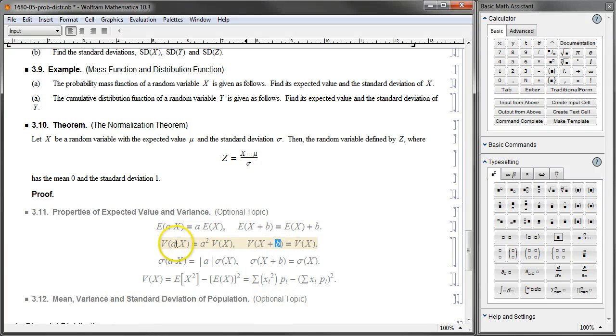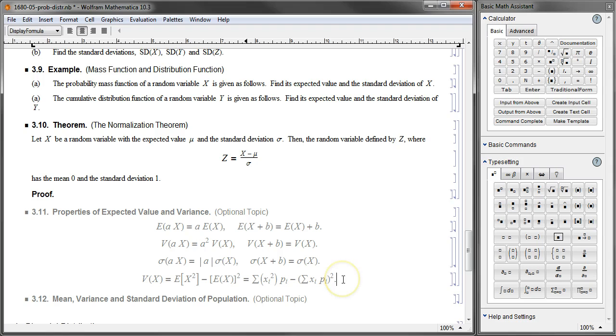If you multiply something, a squared comes out. The first one is relatively easy to understand because variance is a two-dimensional quantity. But why does adding something just disappear? That's because variance is measuring the deviation squared. If you just parallel shift everything by b, then the expected value is also shifted by b, so the deviation stays the same.